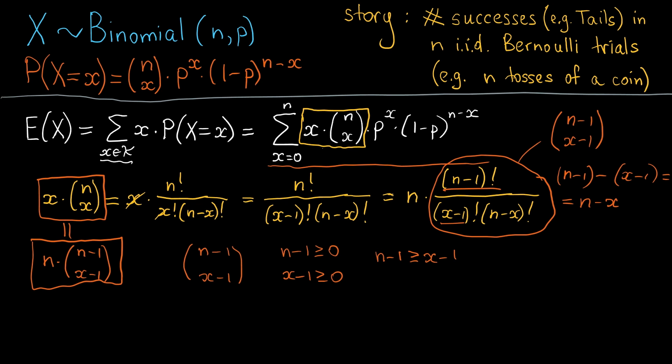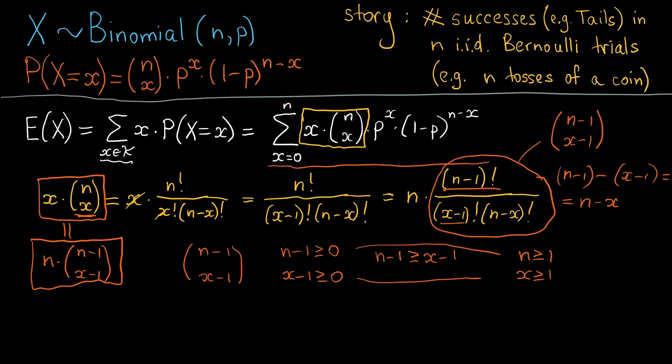So the first condition gives us that n must be greater than or equal to 1, and the second one that x must be greater than or equal to 1, and n must be greater than or equal to x. That is also implicit in this starting expression, so I won't write that out.